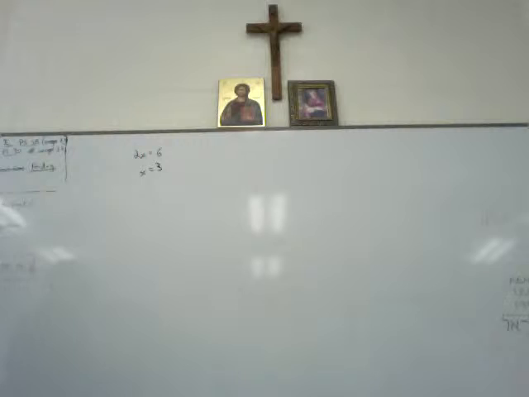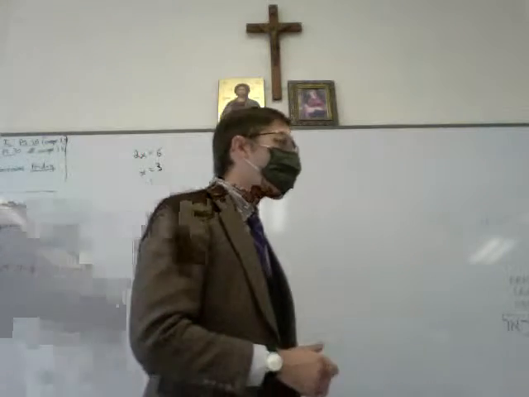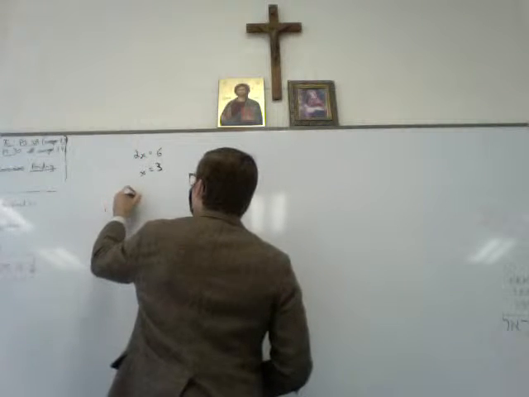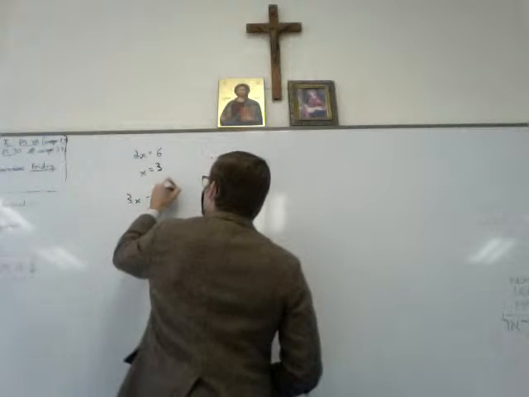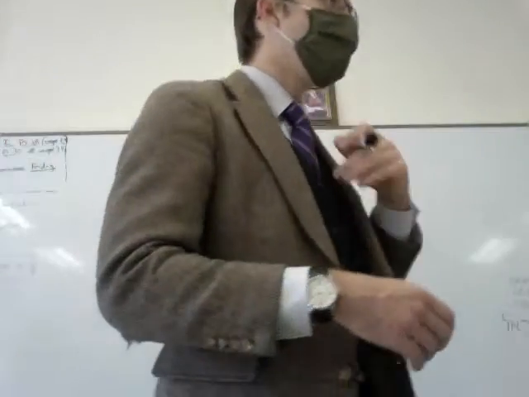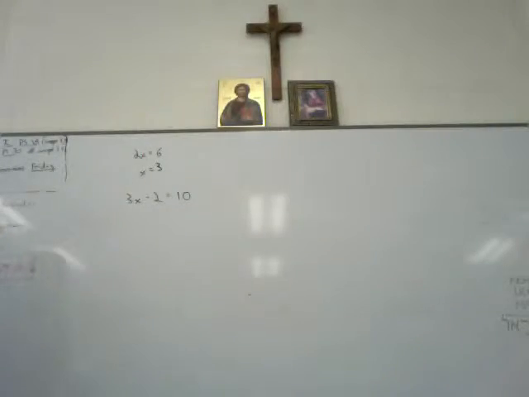If I have multiple different things going on, how am I going to know which one to do first? So if I have something like 3x minus 2 equals 10, how am I going to know there are two things happening to the x there? There's multiplication and subtraction.